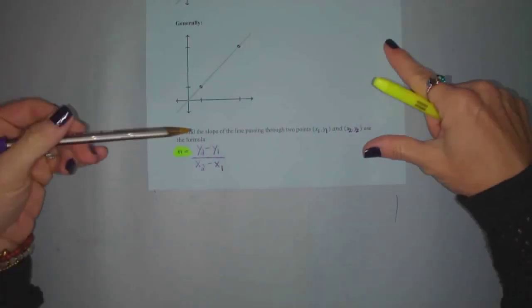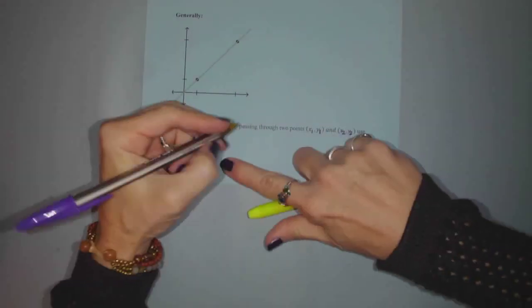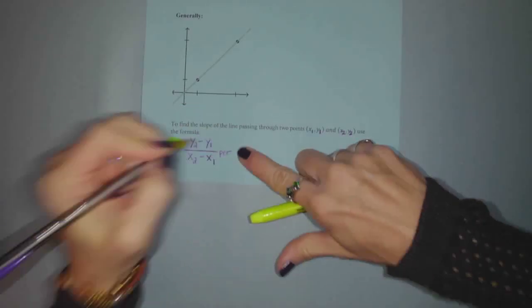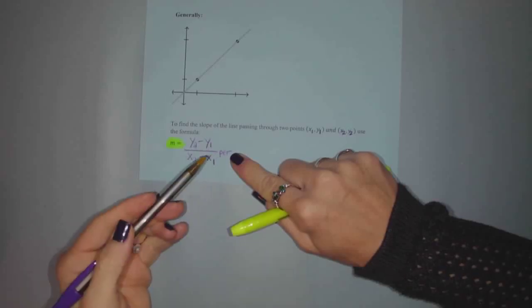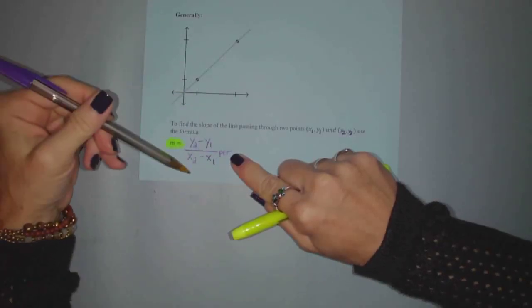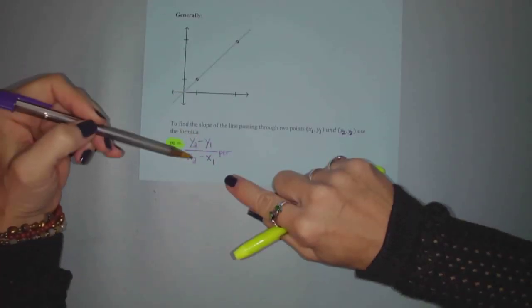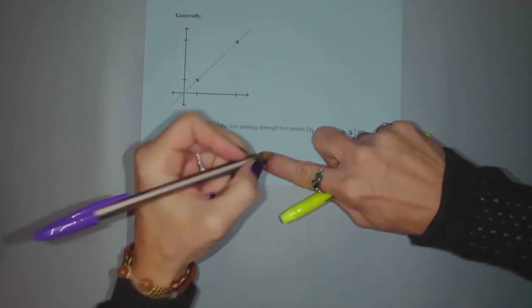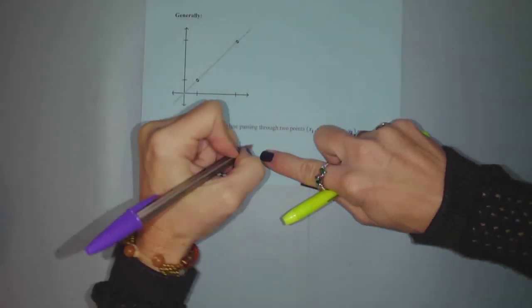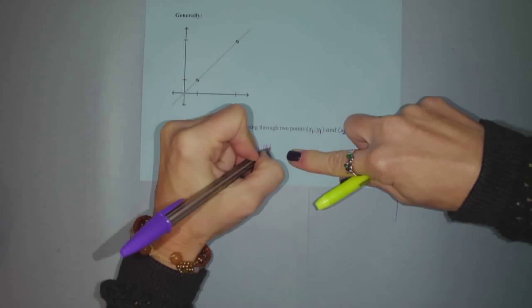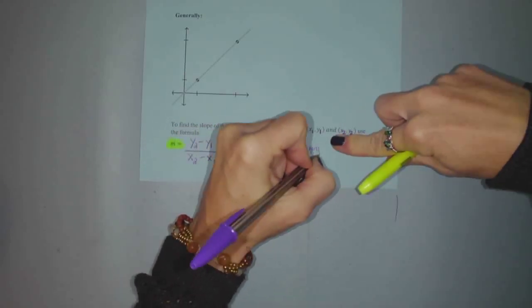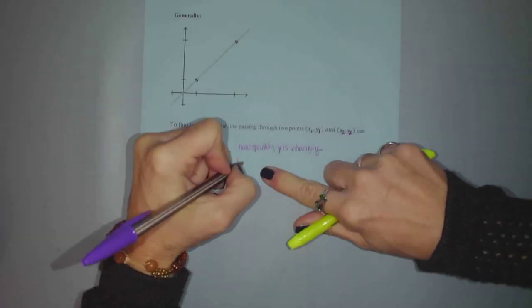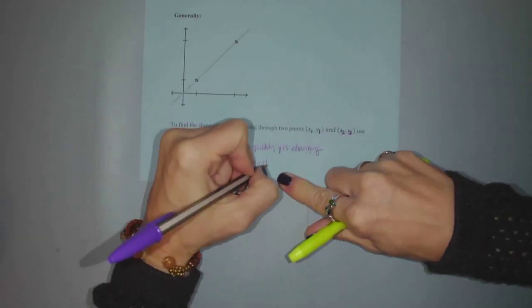Now, I can tell you now, the reason for division, the divided by sign really means per. And we know that slope is a rate. So we have to have a fraction. We have to figure out how quickly Y is changing and divide it by how quickly X is changing.